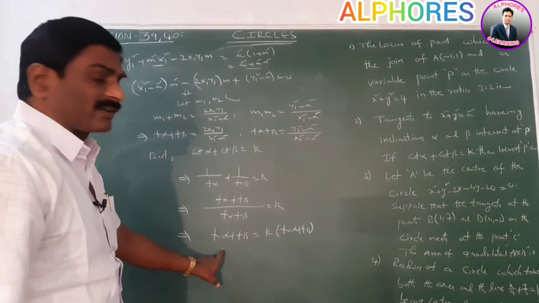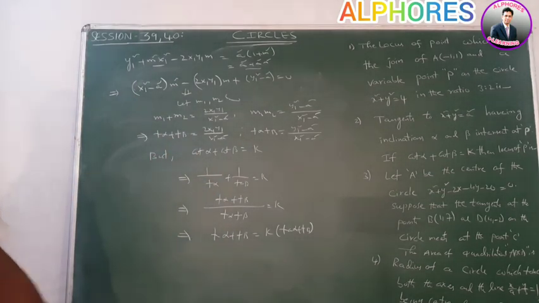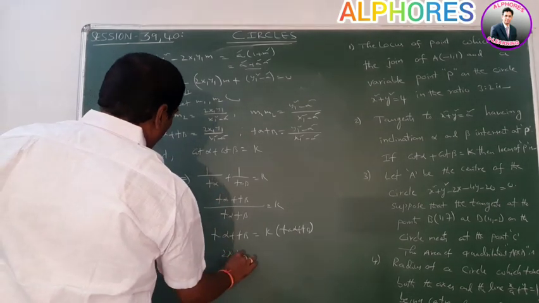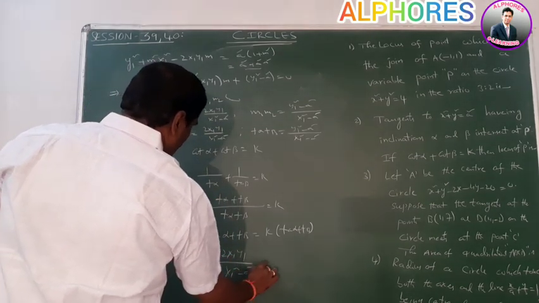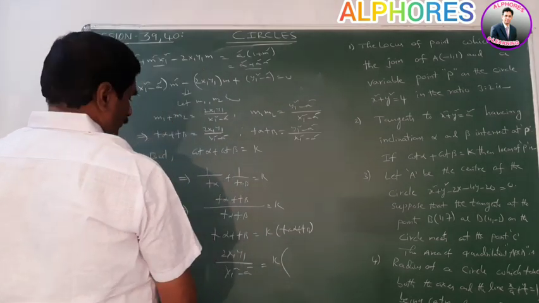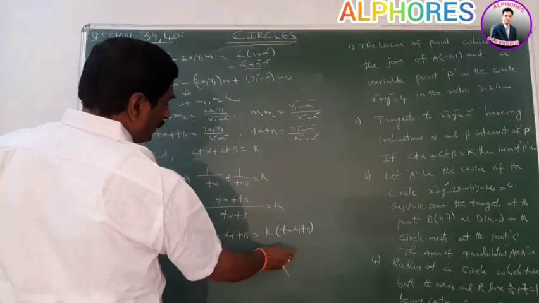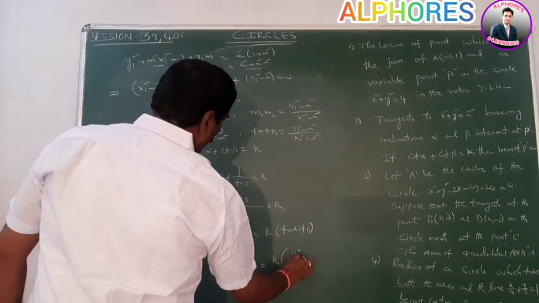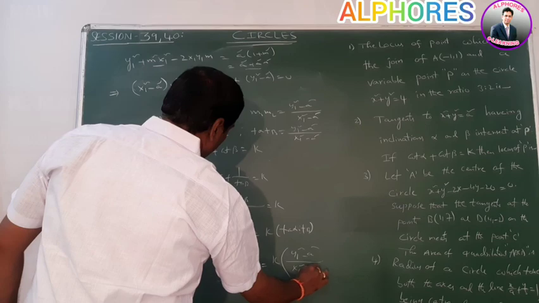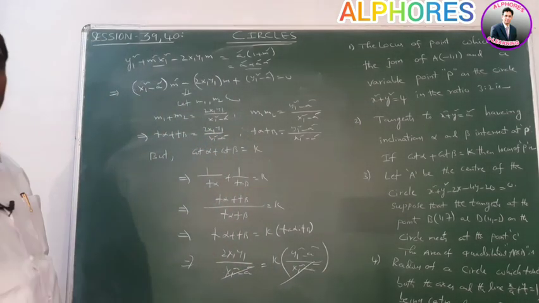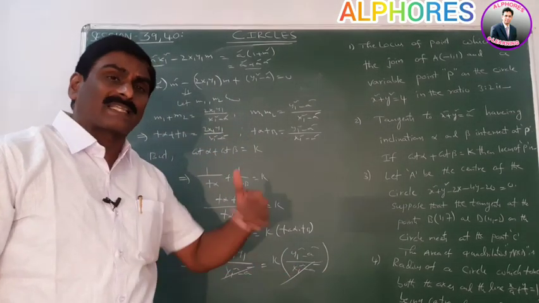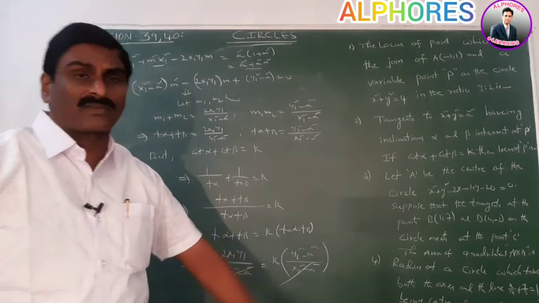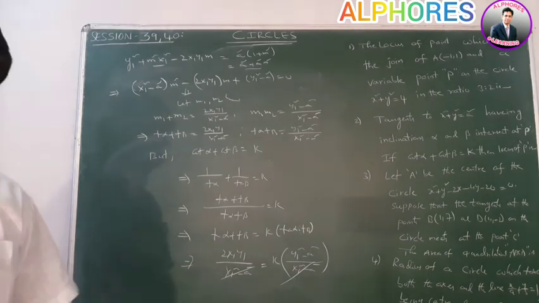Substitute these two values in the equation tan alpha plus tan beta equals k into tan alpha into tan beta, and we get the locus. The denominators cancel. For getting the required locus, replace x1, y1 by x, y. Therefore the required locus is 2xy equals k of y square minus a square. That is the required locus.